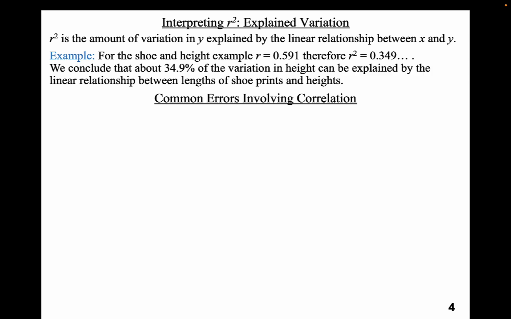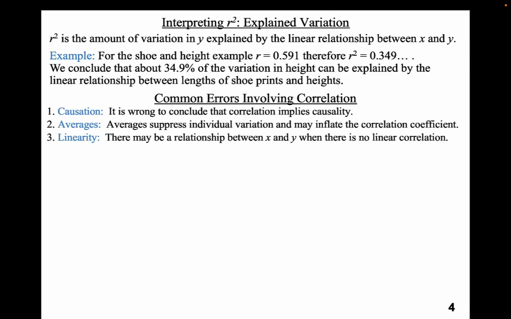Some common errors involving correlation, important to note. The first one is called causation. It is wrong to conclude that correlation implies causation or causality. Just because we as statisticians find a correlation between the numbers, when you take it back to the content experts, that would be their job to address if the change in one variable causes the other variable to change.